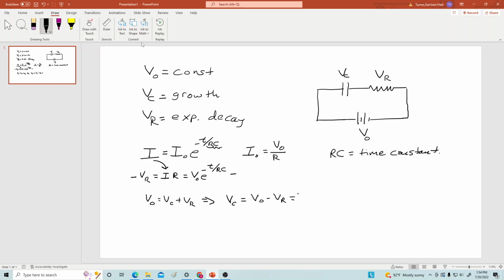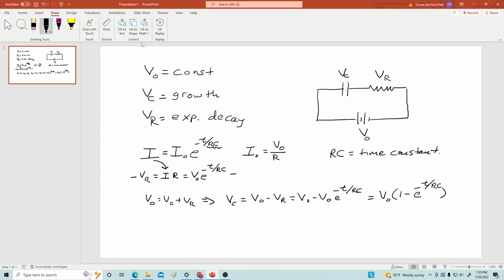But the potential of the resistor is this. Okay? So if I factor out the voltage of the battery, I get this. Okay? And as such, what this is telling you is that the potential across the capacitor grows.